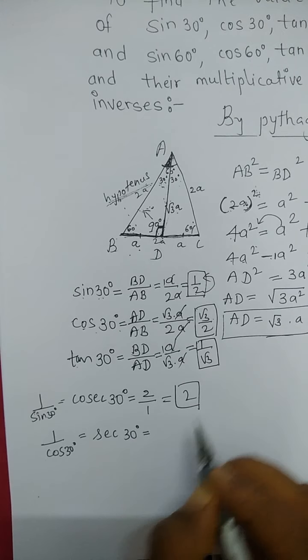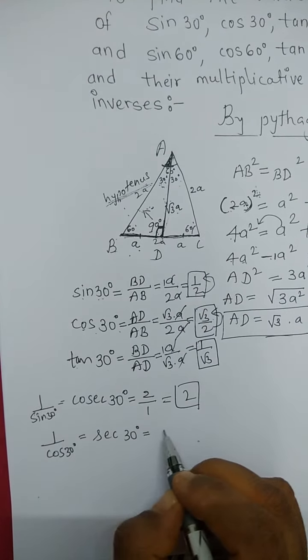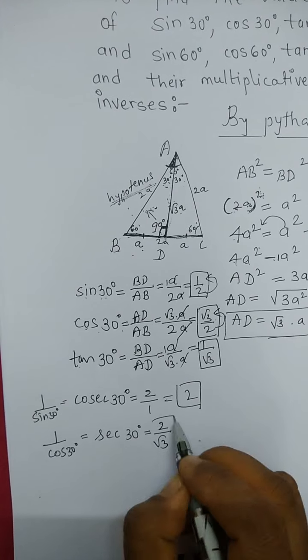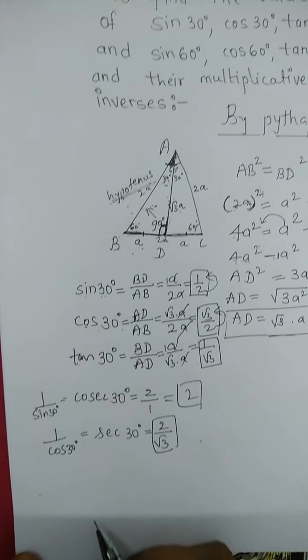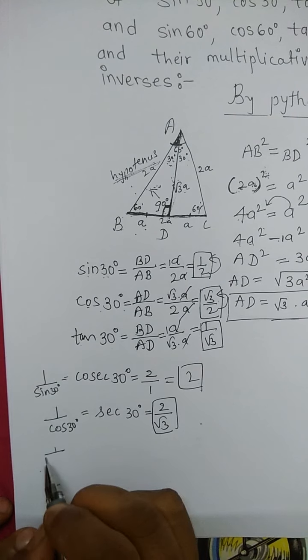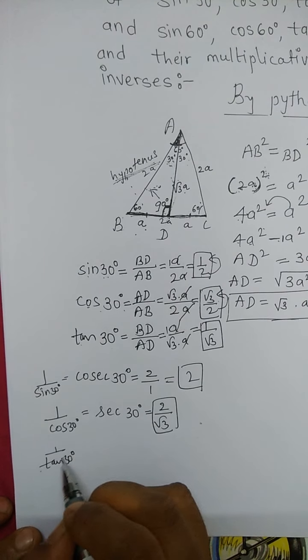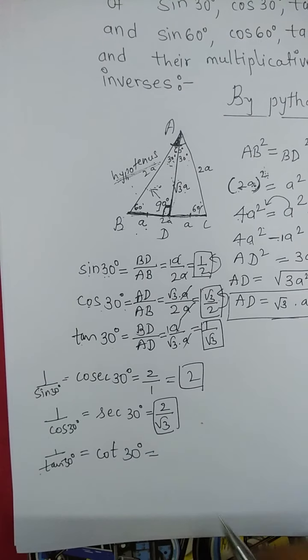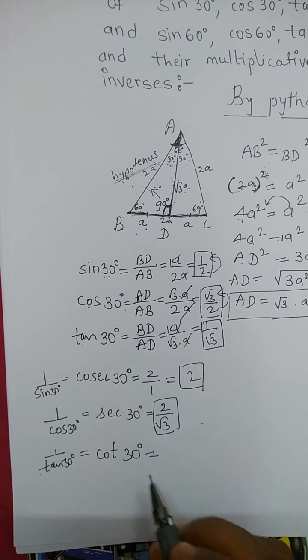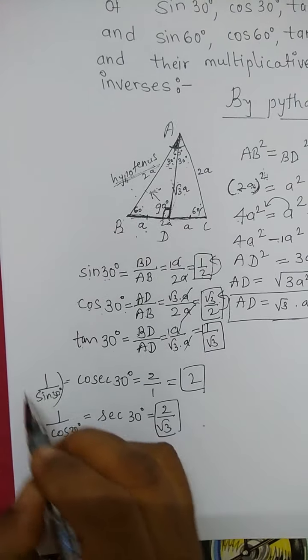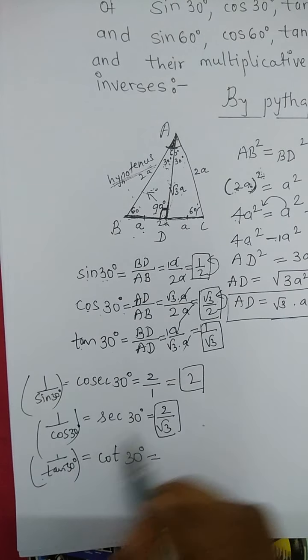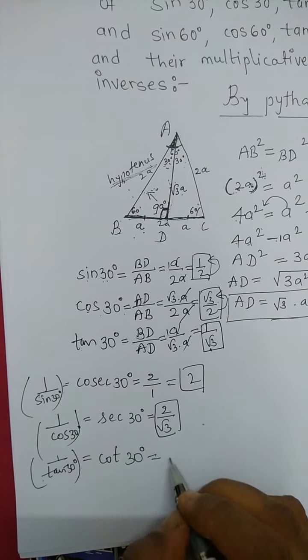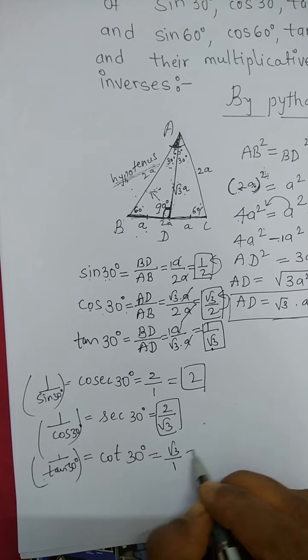That is equal to reciprocal 2 by root 3. Okay. And cot 1 by tan 30 will be cot 30 degree. Reciprocal of this 1 by root 3 is root 3 by 1 means root 3.